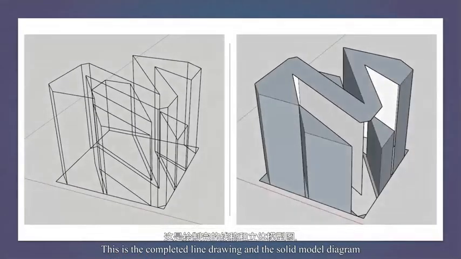This is the completed line drawing and the solid model diagram.